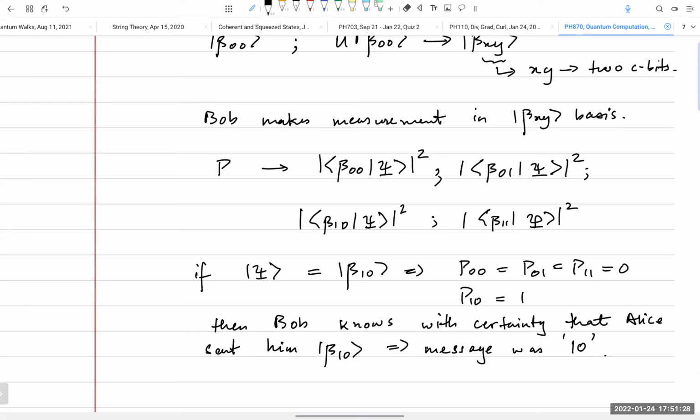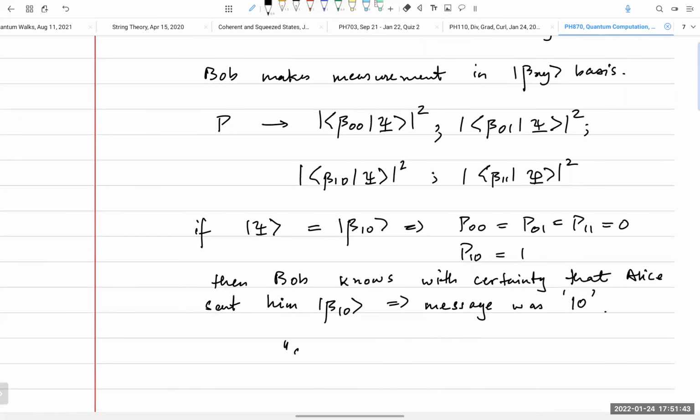Okay. So Alice has managed to communicate a message which contains two classical bits using a single qubit. So this is superdense coding.